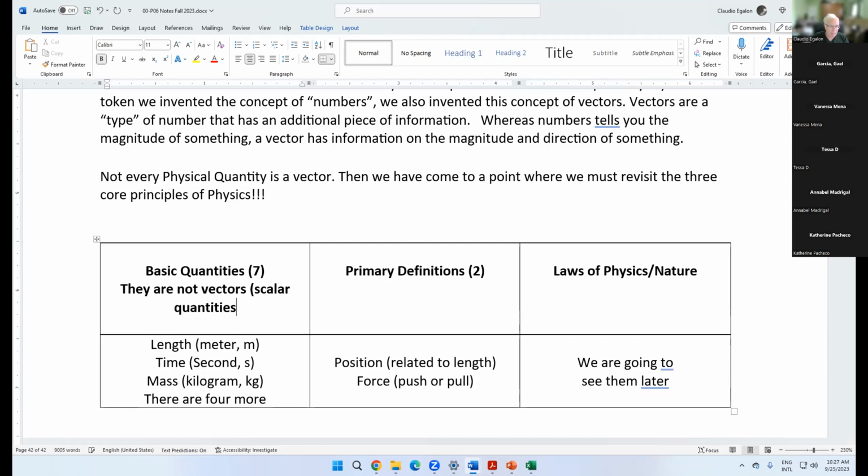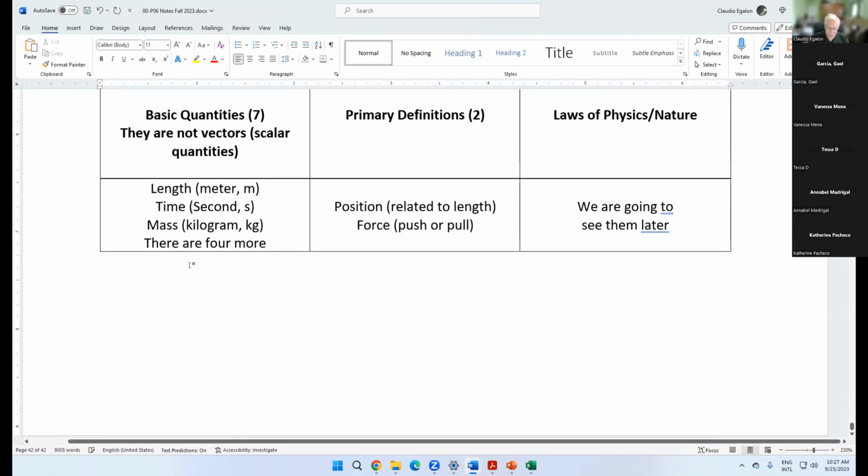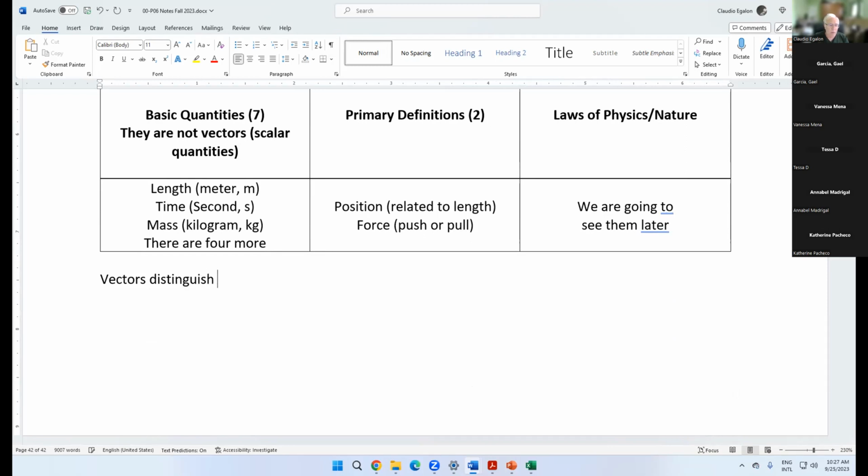Vectors are distinguished from scalars and numbers.